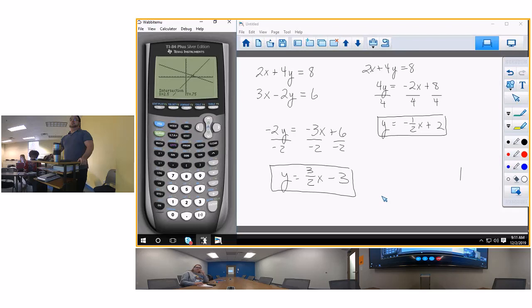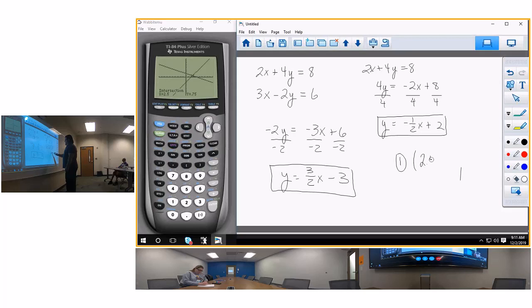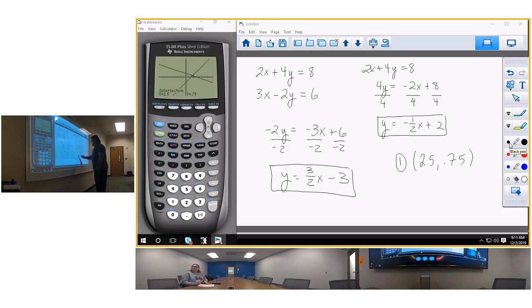Now, there's three types of answers for solving systems of equations. Let's write this down. One, you get an answer just like we got, an intersection: 2.5, comma, 0.75. Everybody with me? What if you have parallel lines?